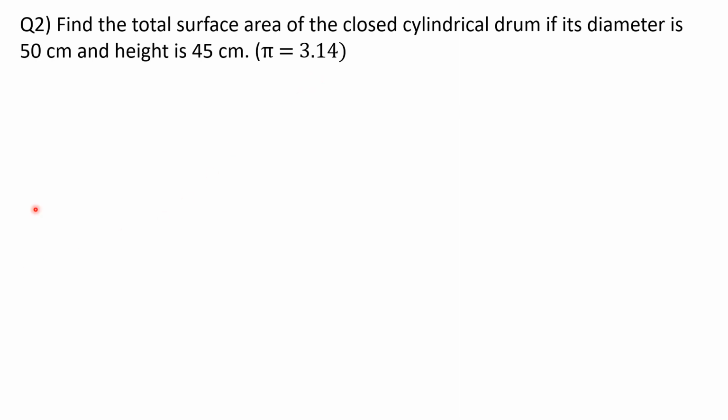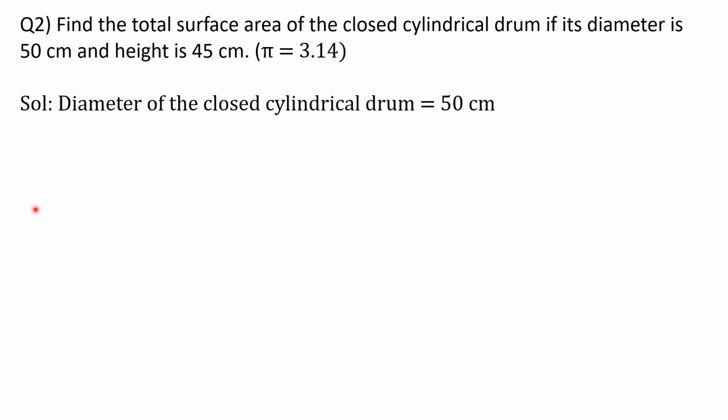Okay. Now let's find out total surface area of cylinder. Now student, what is given? Diameter is given 50 centimeter and height is given 45 centimeter. But from diameter we'll find out the radius because we require radius to find the total surface area. So diameter of closed cylindrical drum equal to 50 centimeter.